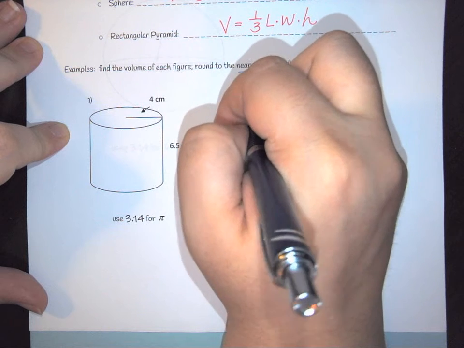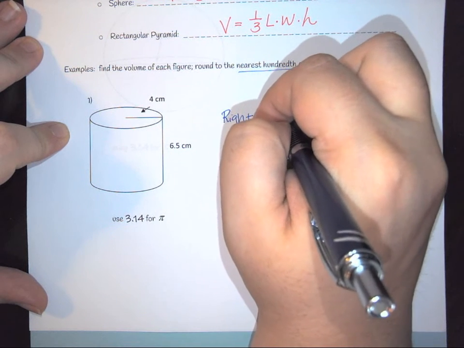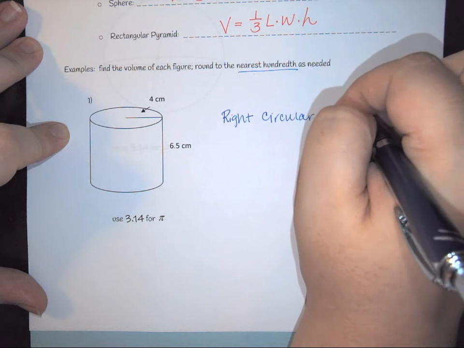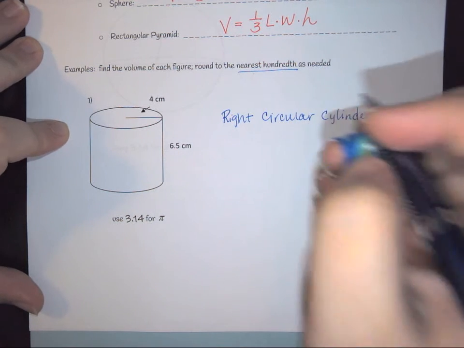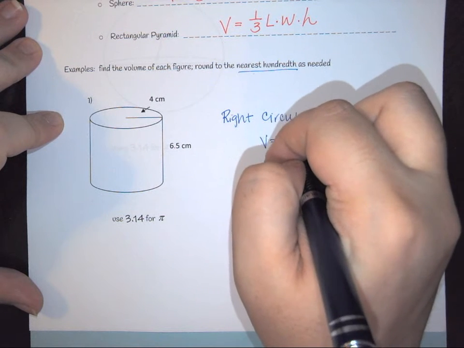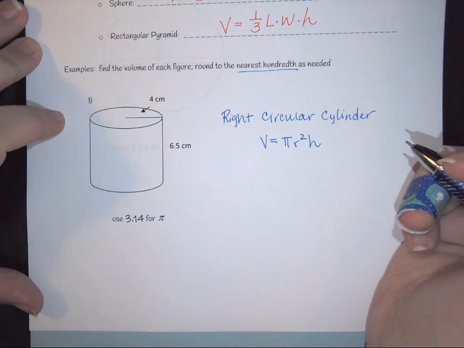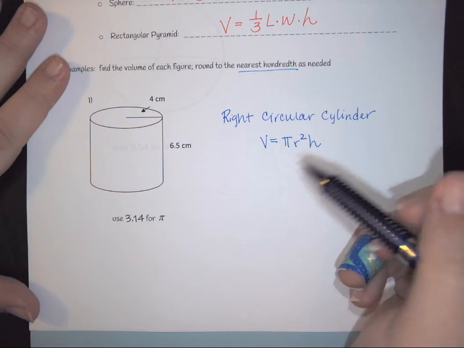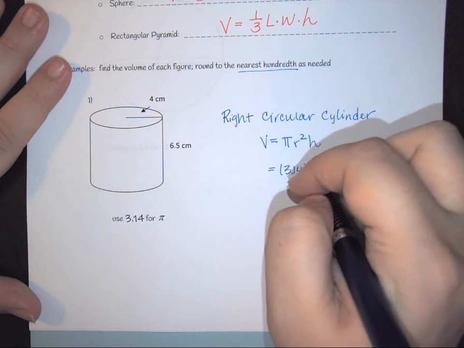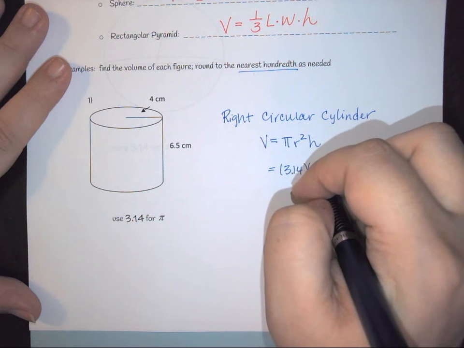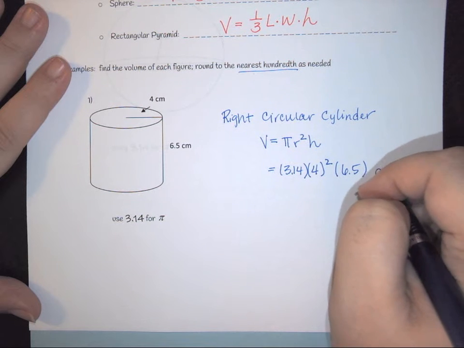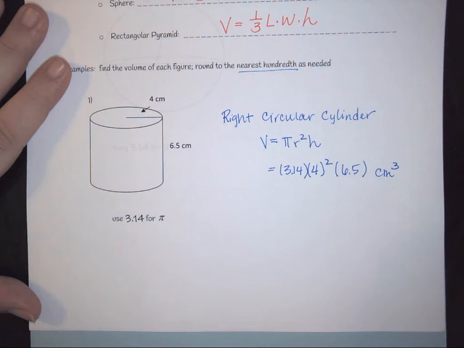This shape here is actually what we call a right circular cylinder, which means we are going to use volume equals pi r squared height. To do that, which just simply means we're going to take 3.14, multiply that by my radius squared, multiply that by your height, and this is going to give me centimeters cubed.